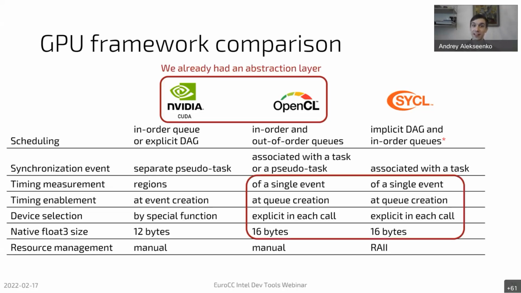Now, luckily, for quite some time, we already had an abstraction layer over CUDA and OpenCL. And since a lot of things in SYCL are similar to OpenCL, dealing with some of those discrepancies was trivial. Because we already had the code, we just had to rewrite the same logic we used, say, for device selection and detection in OpenCL in SYCL.